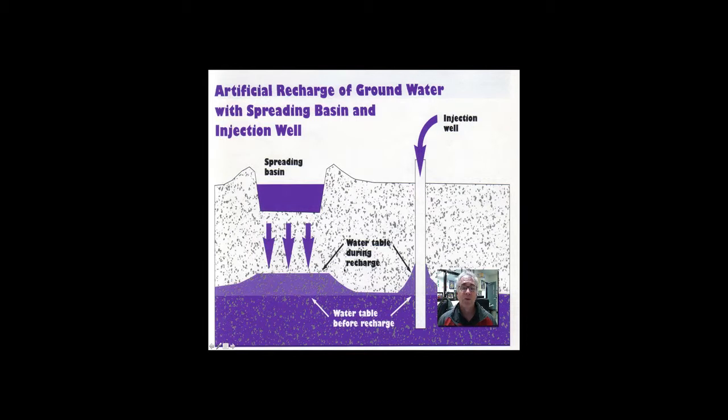Now what we've also seen, especially around some of our coastal regions, is that when they start pumping in those regions, they get some salt intrusion from the ocean. In order to prevent that, they have what they call injection wells.